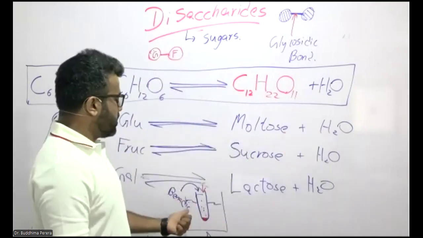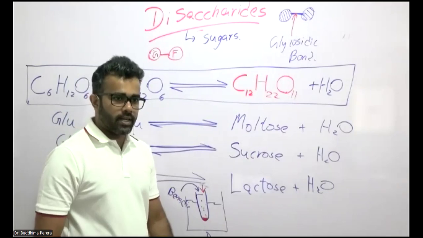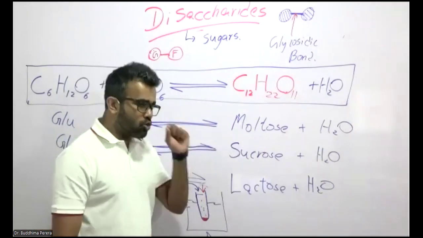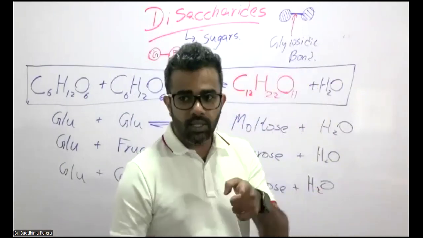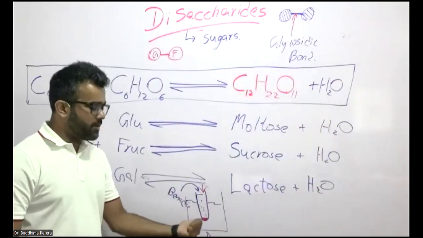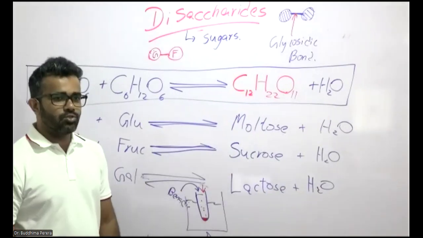They will reduce the Benedict and form a bright red color deposition. But sucrose is not a reducing sugar. That's why it doesn't give bright red color deposition. Right? This is the practical which you did in O levels.